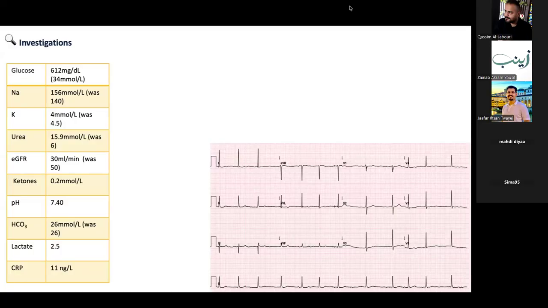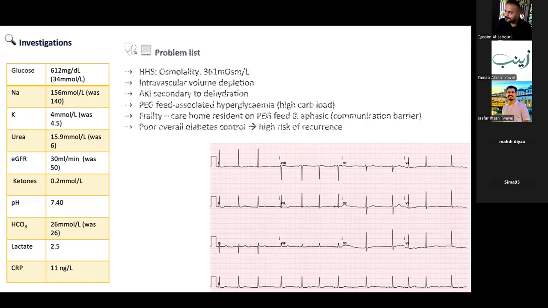So as you rightly said, the ECG is showing AF, and as we said in her past medical history, she is known to have atrial fibrillation, and she is already aphasic from a previous stroke. This aphasia is not new. So the problem list here for this patient is that she has HHS, with osmolality of 361.